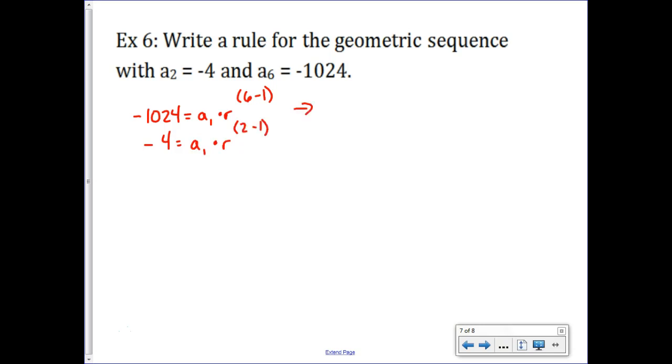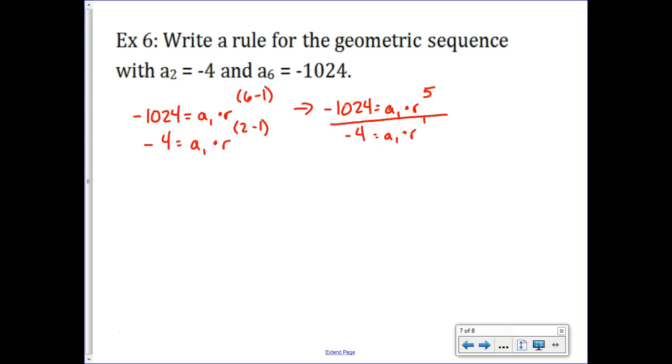Well, I know I can simplify those. Negative 1024 is equal to a sub 1 times r to the 5th. And negative 4 is equal to a sub 1 times r to the 1st. What I would do probably is just divide these.